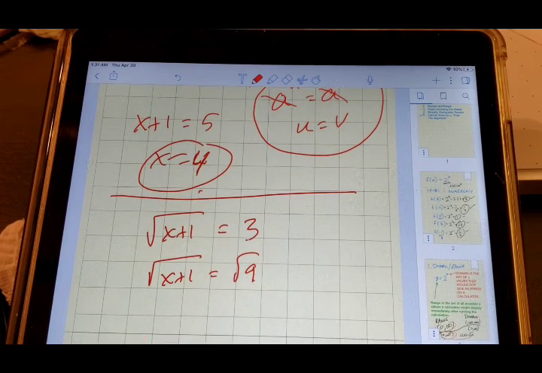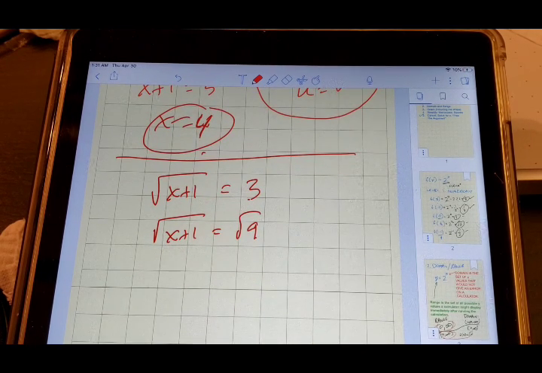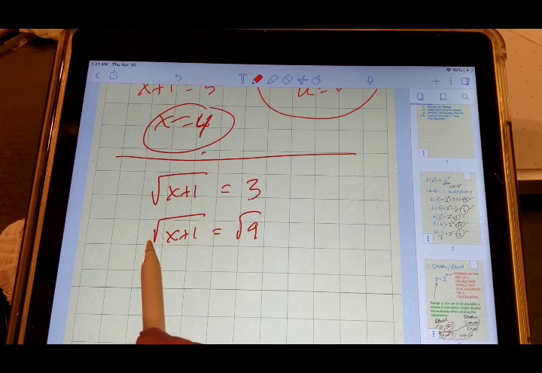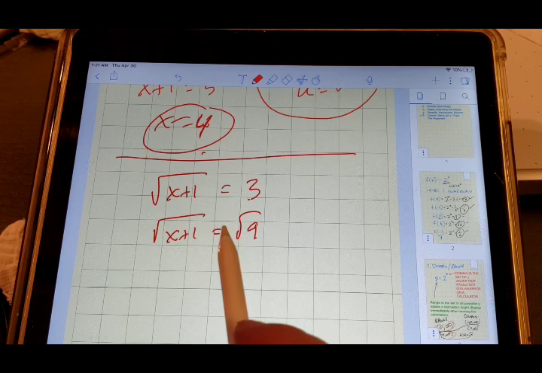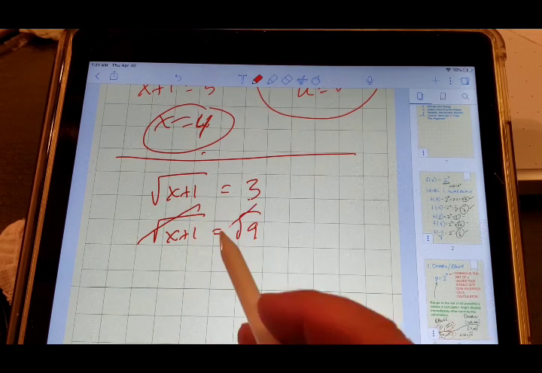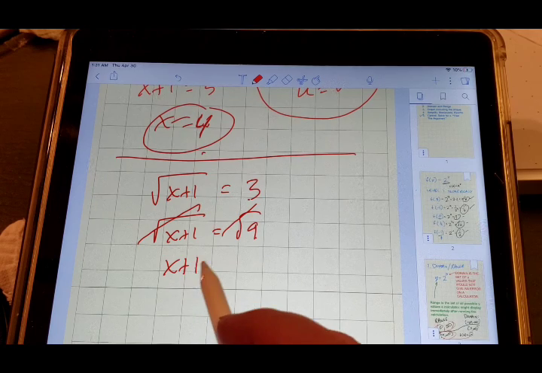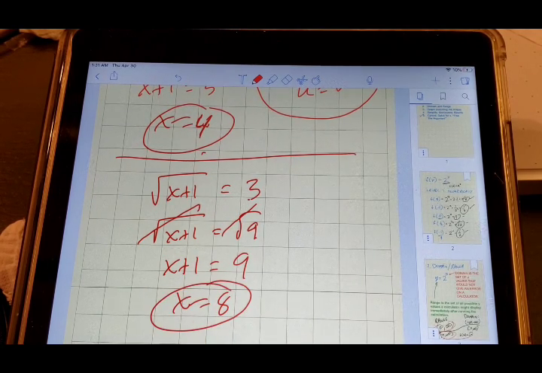Of course, it's true that 3 is the square root of 9. And then I further said, if you have just one perfect square on one side and one perfect square on the other side with nothing else, you can't have multiplications on the outside or anything, you can just cancel those square roots and you'll get the right answer.